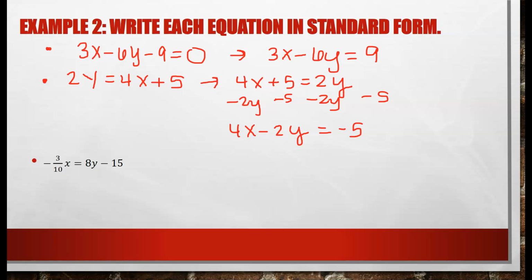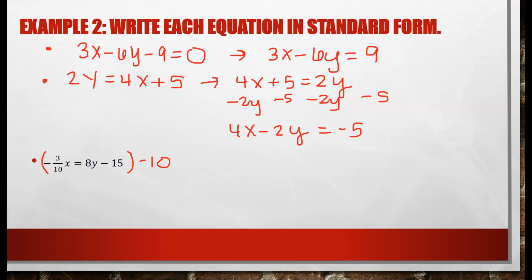And then for the last example, the first thing I'm going to do is get rid of that fraction. So to get rid of the fraction, I'm going to multiply all three parts by 10. And in this case, my x is negative, so I'm going to multiply by negative 10. So I can kill two birds with one stone.